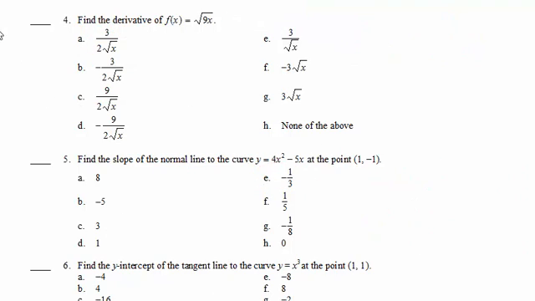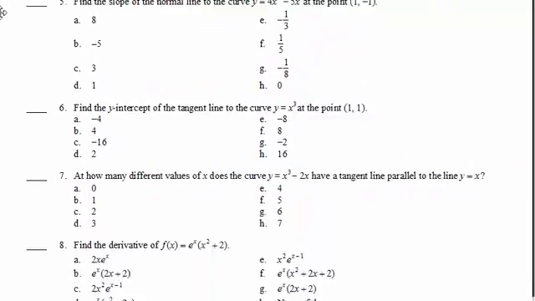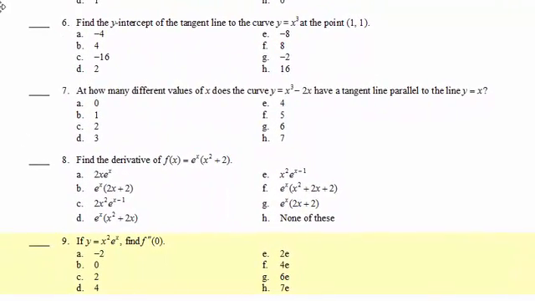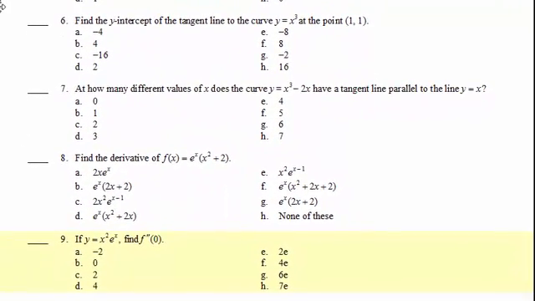Okay. Moving right along, let me move this guy down here to 6, 7, 8, and 9. Let's see if we can knock them all out in this video. And here we go. Find the y-intercept of the tangent line to the curve y equals x cubed at the point 1, 1. So you have to use the tangent line formula, the same one that we've been using before.